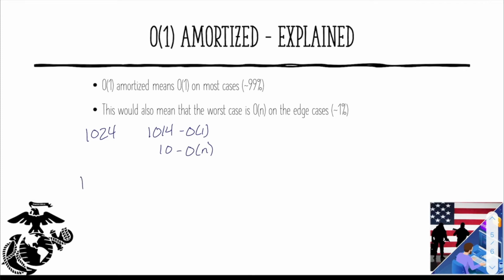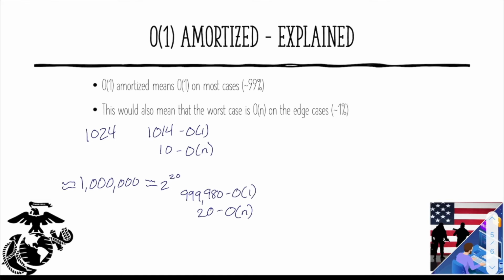Now, if you have give or take 1 million inputs, that, by the way, roughly equals 2 to the 20th, which means in the first 1 million inputs, you're going to have 20 inputs at the speed of O of n, and you're going to have 999,980 of O of 1.